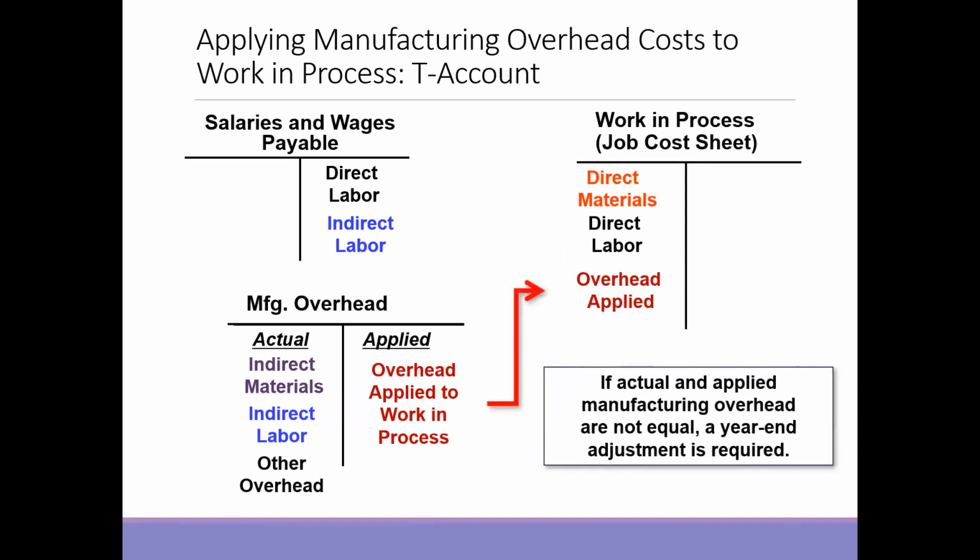So we need to show, regarding this particular job, we need to allocate some of that manufacturing overhead to what we're currently working on. So the way in which we take care of that is by that allocation rate.